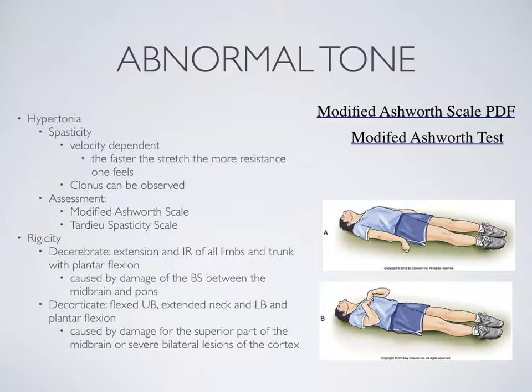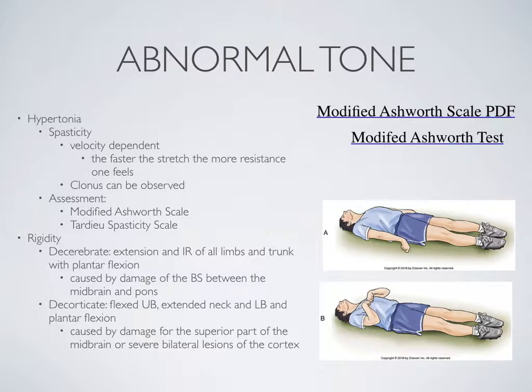So this is when we're having spasticity, okay? Velocity dependent is when the faster the stretch, the more the resistance. So that video, the modified Ashworth test, actually shows somebody completing the Ashworth and how quickly they're moving these.